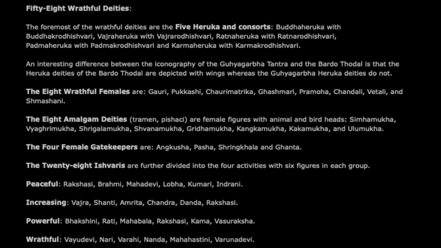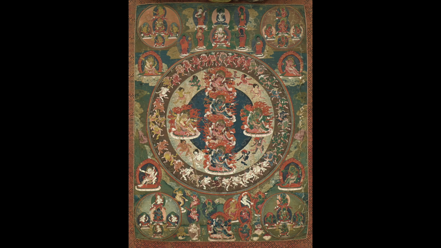Now, for the 58, we have 4 male and female gatekeepers, and again, these are absolutely standard to many, many other practices, both Nyingma and Sarma. And it is the same for the 58 wrathful deities. The five wrathful males are the five Heruka that we find in many different Nyingma systems.